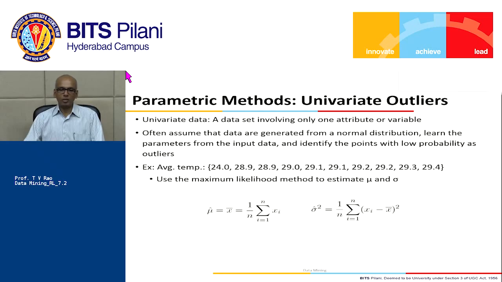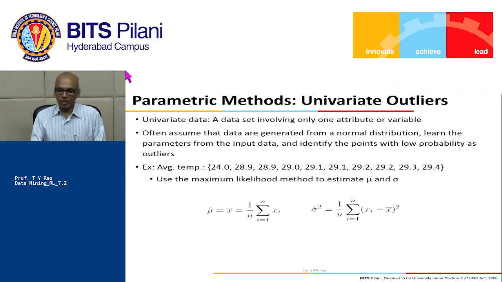You can take an example. We are looking at univariate outliers, that is, just one variable. But in the real world we may not get such simple problems, because many times we get multidimensional information from which we need to find the outlier.